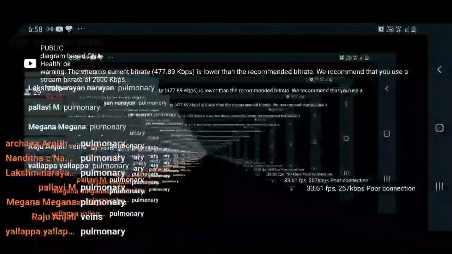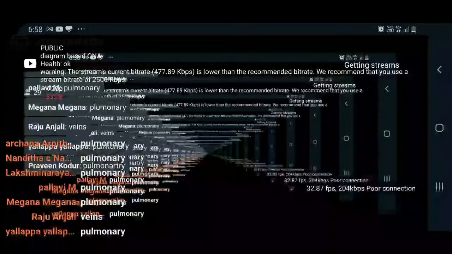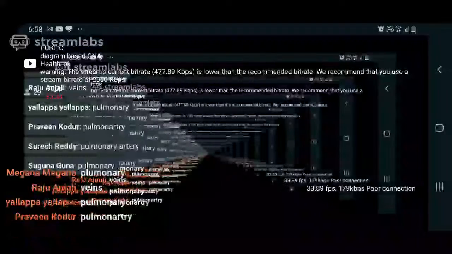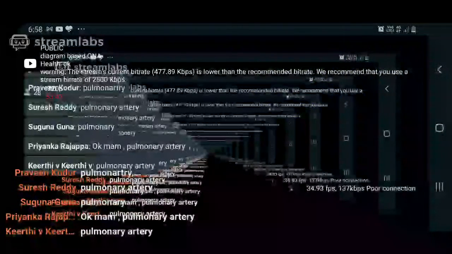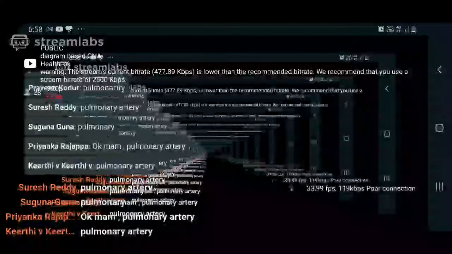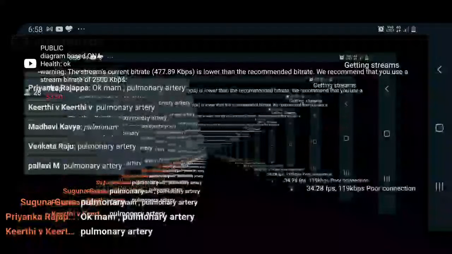How many chambers are there in the human heart? How many chambers are there? Yes, it's Priyanka, Kirti, Revati, everybody answered correctly.